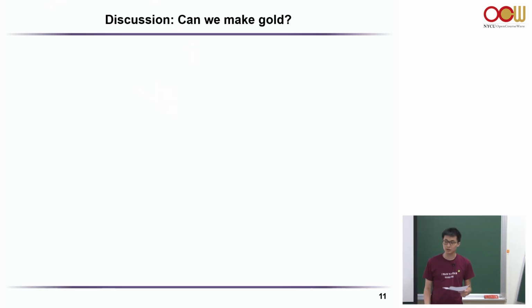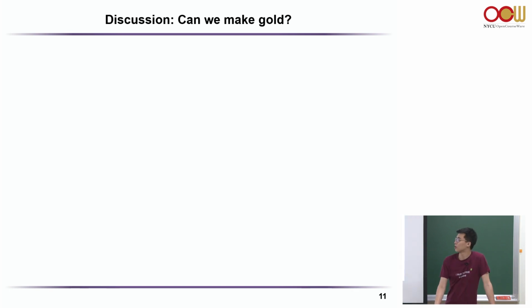Okay, so based on the description of nuclear transmutation, now I want you guys to discuss with your table mate: is it possible that we can make gold? Just like the alchemists back in the day, before chemistry was a thing, people were just trying to mix things together and trying to make valuable gold. Is that possible? If we look at the periodic table, indeed humans are capable of making elements.